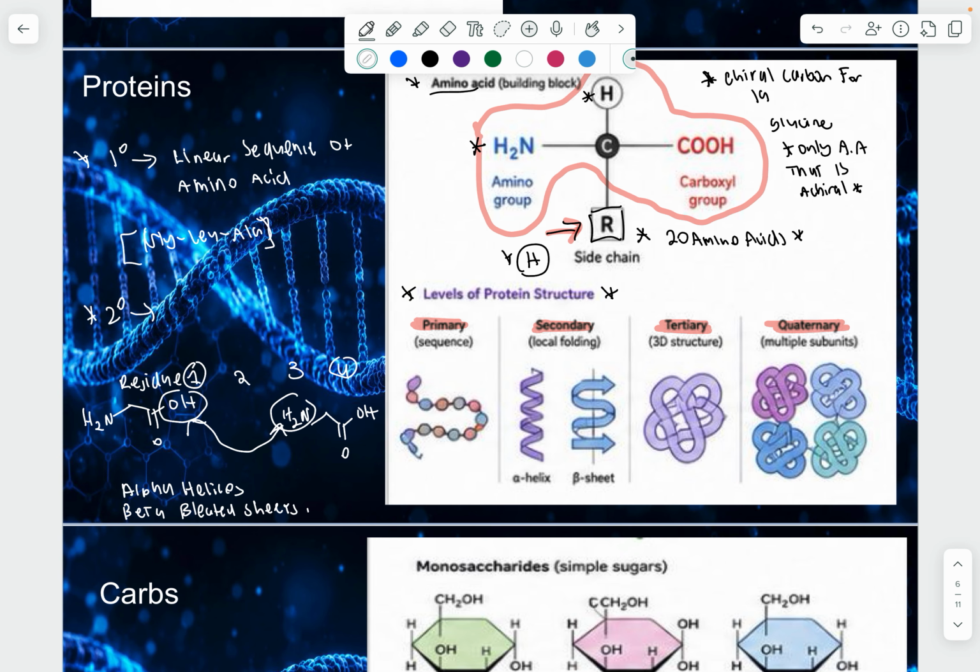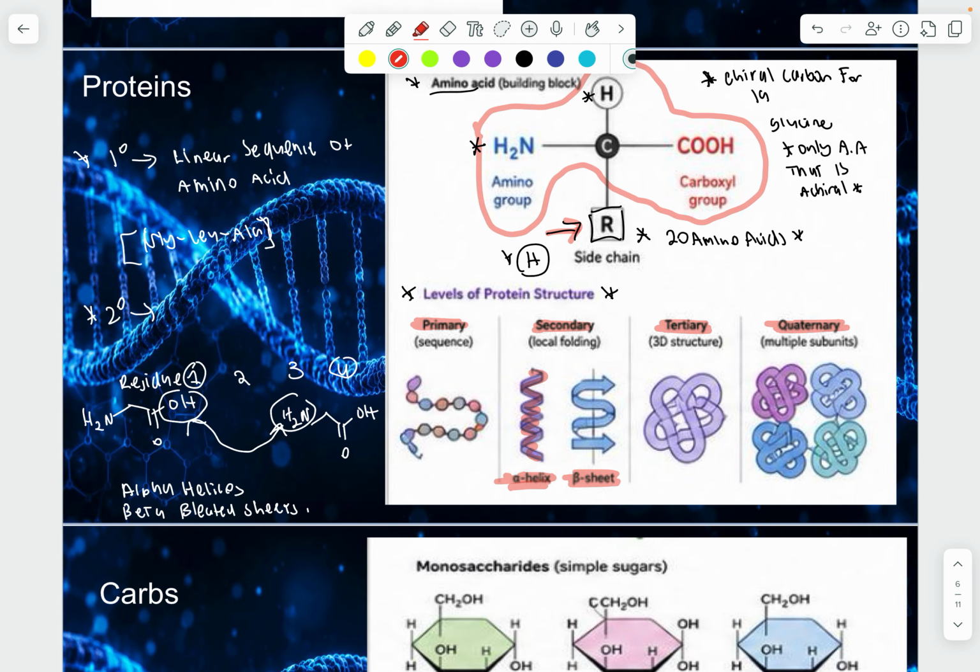So the 1 and 4 residues are going to form hydrogen bonds, and then you'll get this kind of folding. This is different than your tertiary structure, and also another thing important for the MCAT, know how it looks. So your 1 and 4 residue will form the alpha helix.